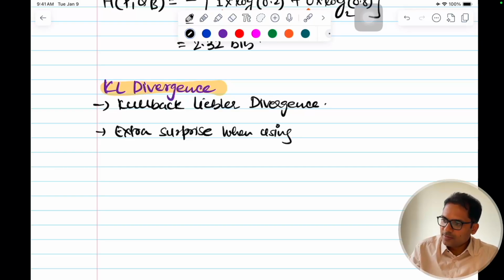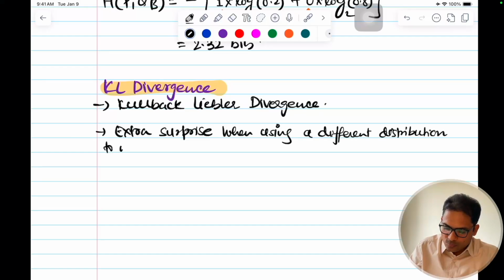Extra surprise when using a different model or a different distribution probability to make predictions. This is in very simple terms.